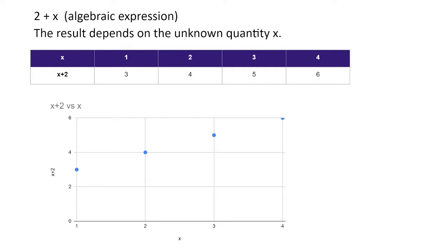Here I have plotted it in a graph. My x-axis is x, which is 1, 2, 3 and 4, and my y is x plus 2. Here we can see that the value increases linearly, and we can connect it to a graph.